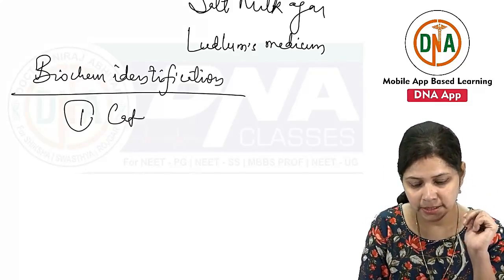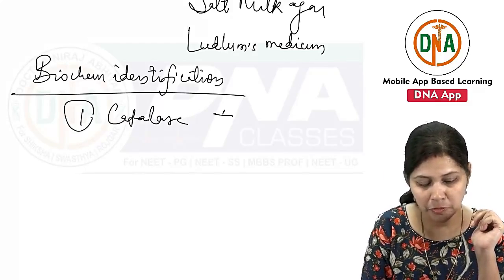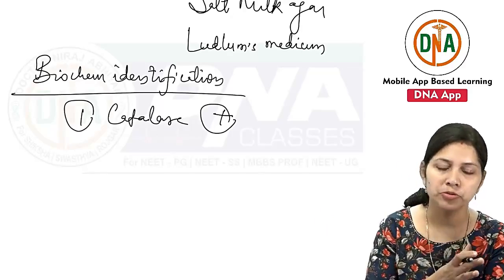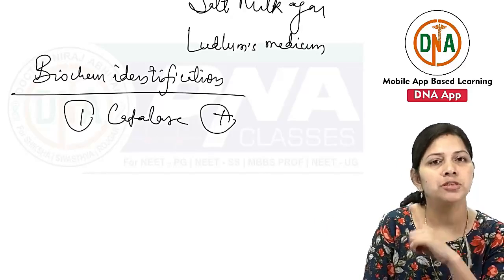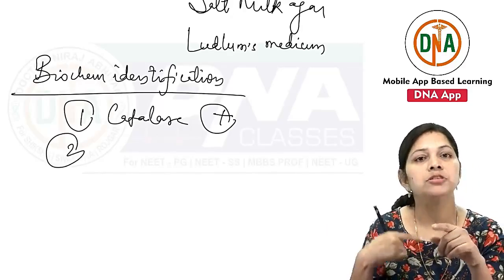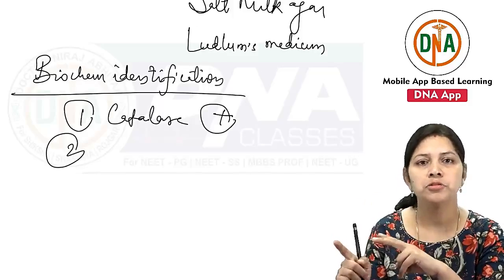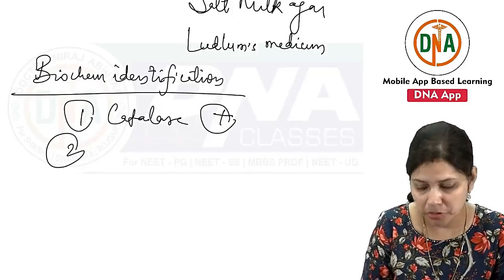First is the catalase test, which will be positive here because it differentiates between Staphylococcus and Streptococcus. So catalase will be positive for Staphylococcus. Next, for Staphylococcus aureus, the second important biochemical will be positive, that is the coagulase test.